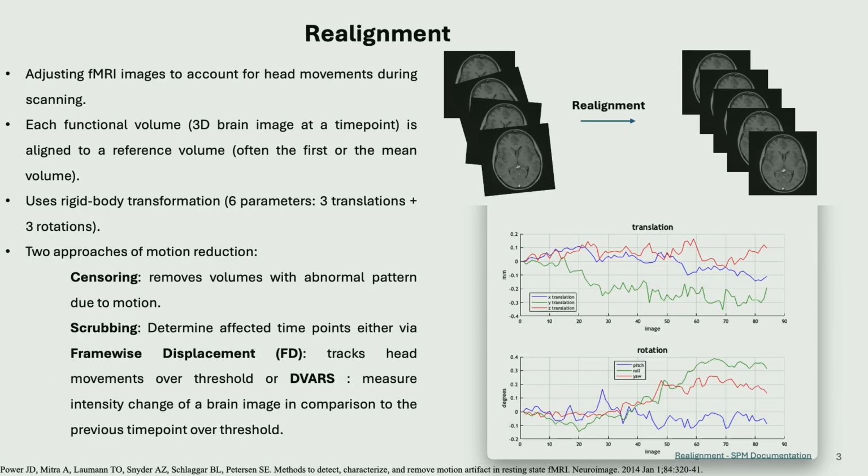Right? So the first step is realignment, or looking at head motion related changes. There are many different ways to analyze this, but one can think of it as taking an fMRI time series, taking the first or the fifth volume as one reference vector, and then doing a least square fit to estimate the motion.